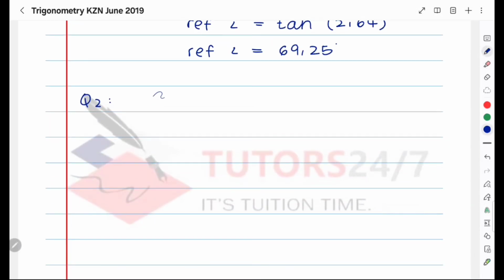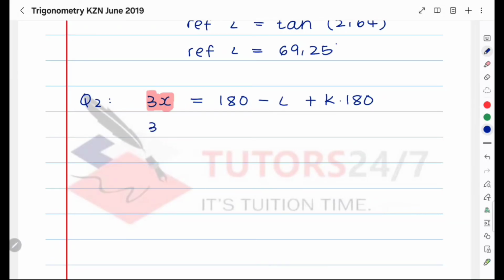So we are going to say 3x is equal to, and then our reduction formula in quadrant 2 is 180 minus the angle plus k times 180. For sine and cos in general solution, you use k times 360. For tan, you use k times 180.